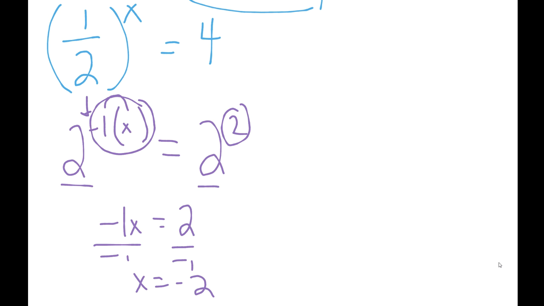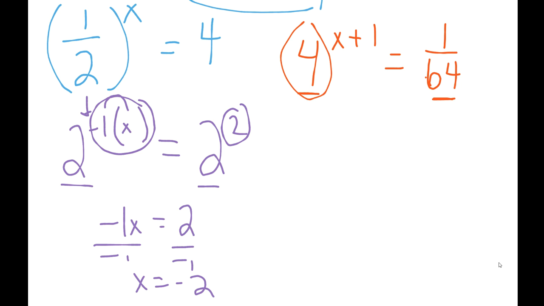So let's do another one of those. We've got 4 raised to the x plus 1 equals 1/64. So I'm going to use what I have to start with and see if I can turn 64 into a power of 4s. 4 times 4 times 4 should work. So 4 to the 3rd.